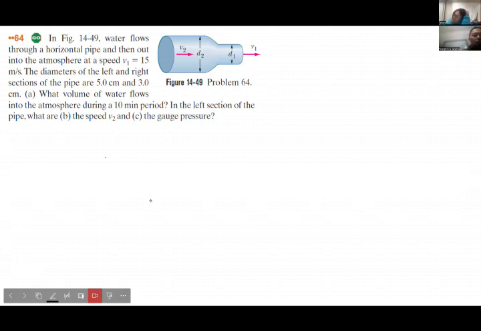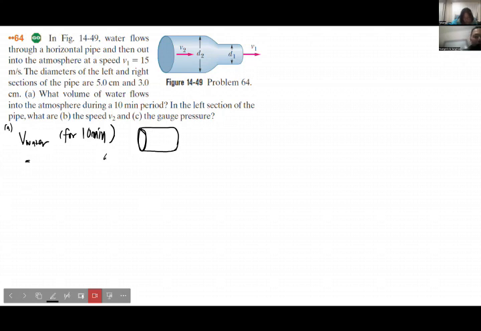So the first one is what volume of water flows into the atmosphere during the 10-minute period. The total volume of water for 10 minutes is basically the same as a horizontally aligned cylinder.